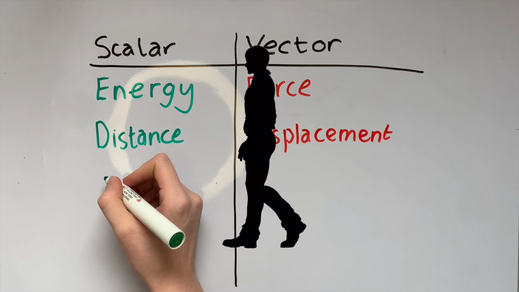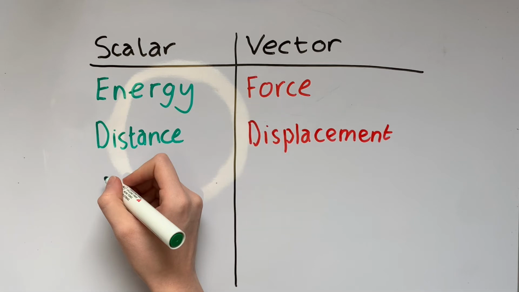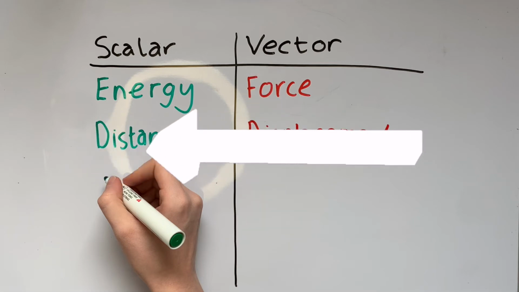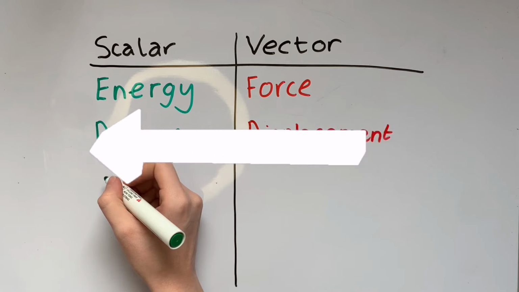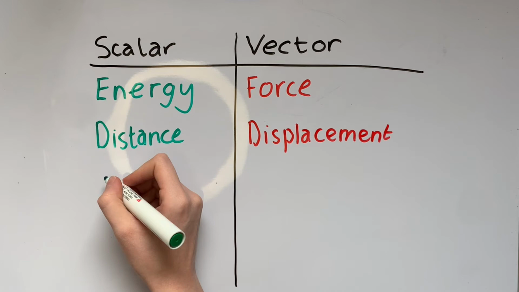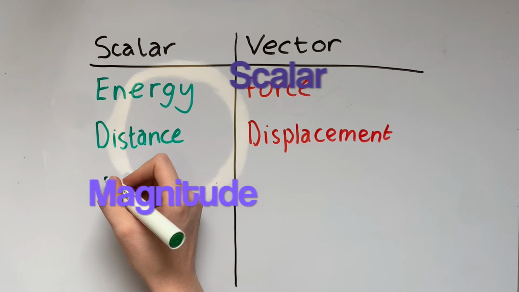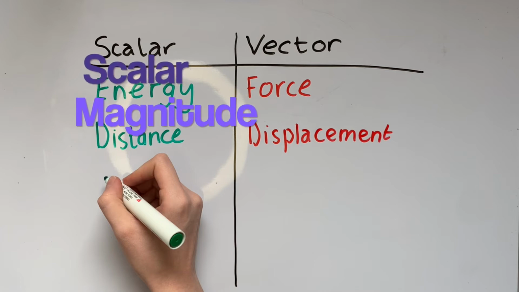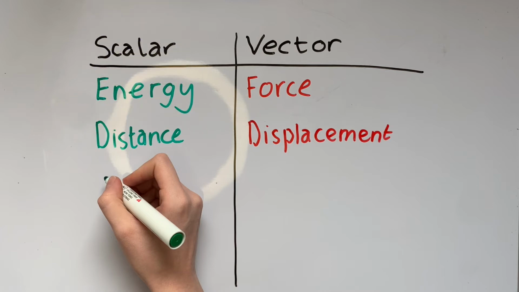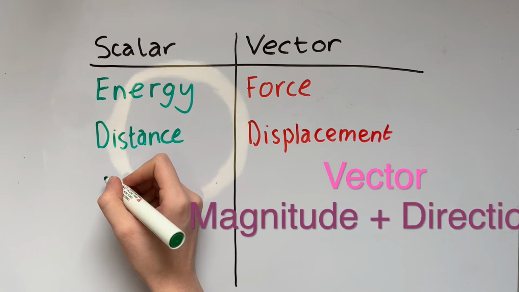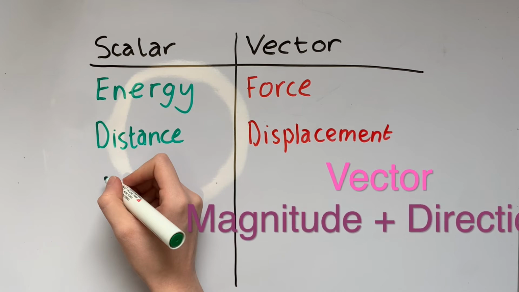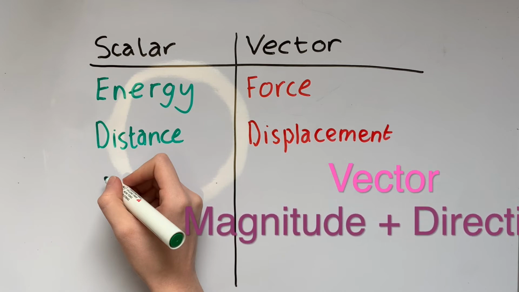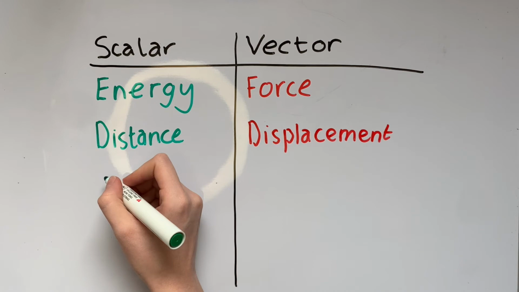But displacement tells you the distance you walk to school and also the direction you take. For example, you walk 200 meters north to get to your school. So distance is a scalar because we only need the magnitude, and displacement is a vector because it tells us the magnitude and the direction of this distance.